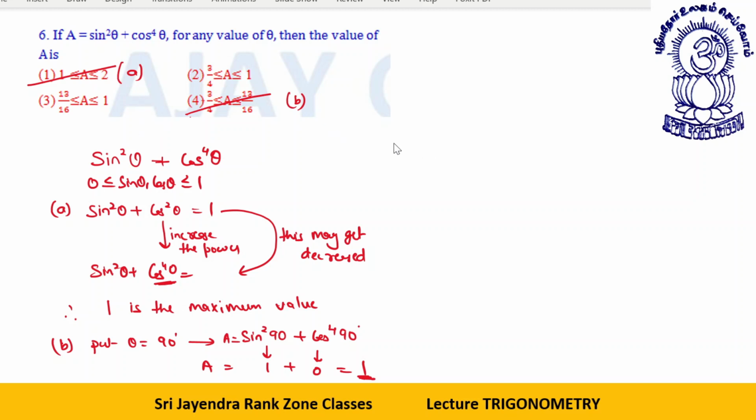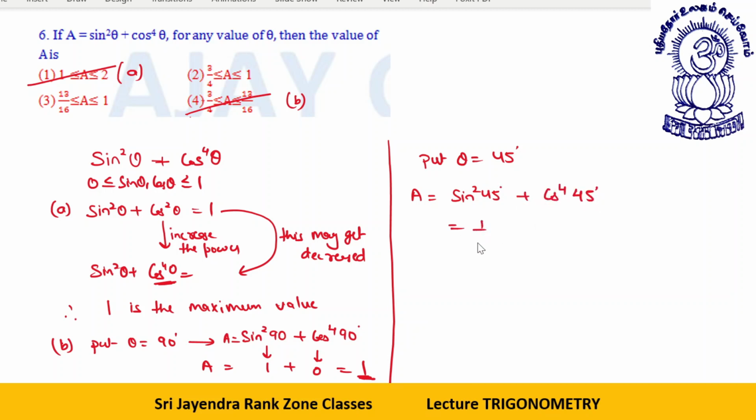Okay, now second part. I say put theta is equal to 45 degrees. If I put theta is equal to 45 degrees, what will happen? A will become sine square 45 plus cos raised to power 4 of 45 degrees.